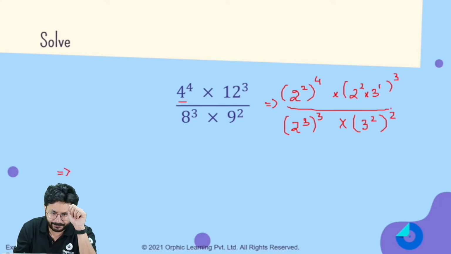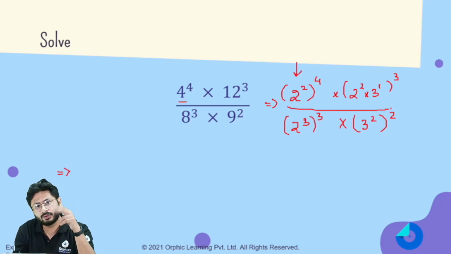Let's solve it further. So this 2 to the power 2 whole to the power 4, just remember the last law of exponent.